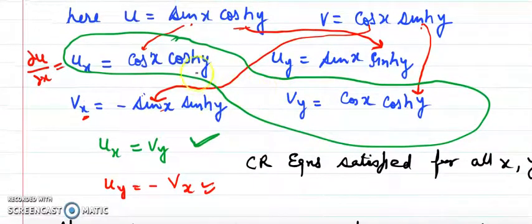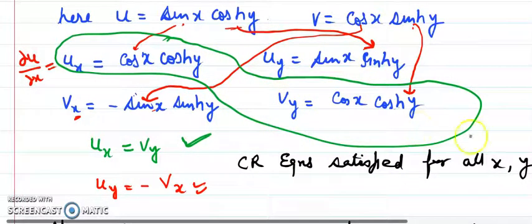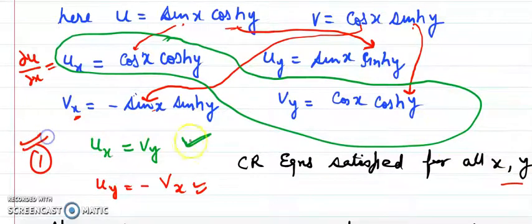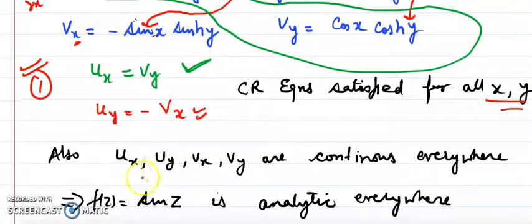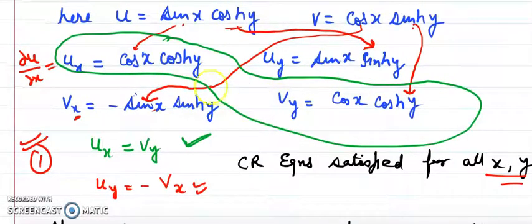And since this is a general expression, it means it is satisfied for all x and y. So the first condition is done: the CR equations are satisfied for all x and y. The second one is an obvious result. The second condition is that these four partial derivatives are continuous everywhere. Now remember students, trigonometric functions are always continuous.